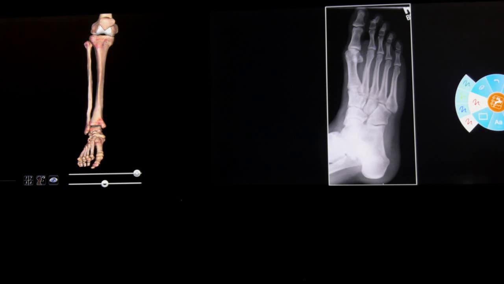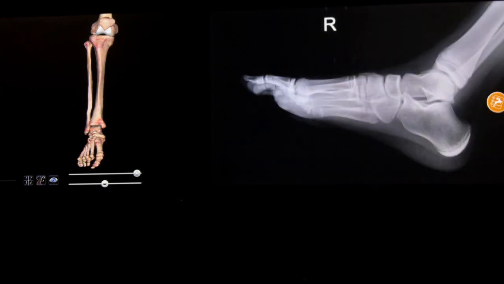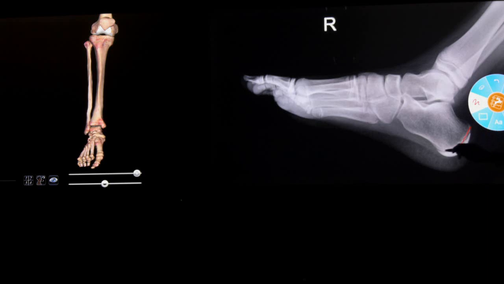Let's look at the calcaneus specifically. We'll go to a lateral. I want to break down a couple things on this bone. This is a good one. All right, this is a pediatric patient as indicated by the line here, the growth plate. Alright, so this is the calcaneal tuberosity here.